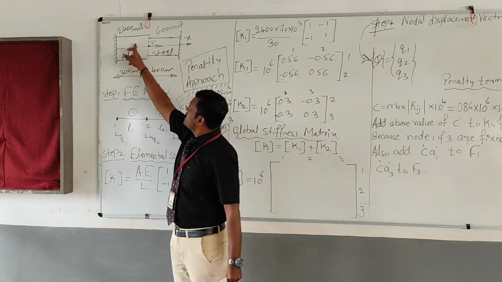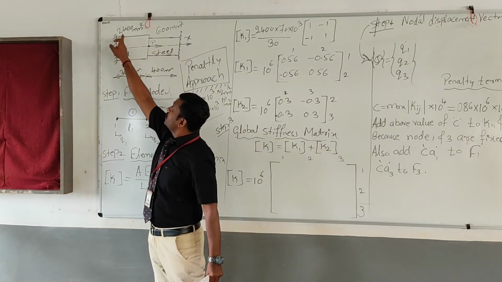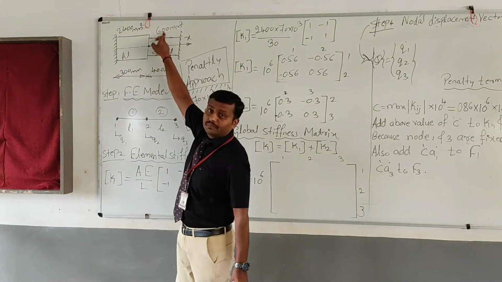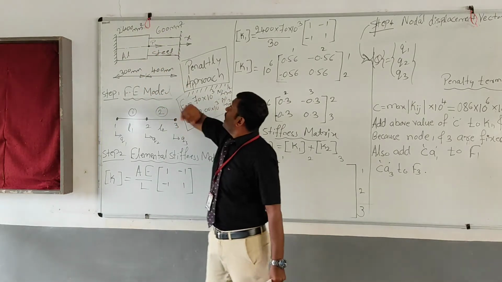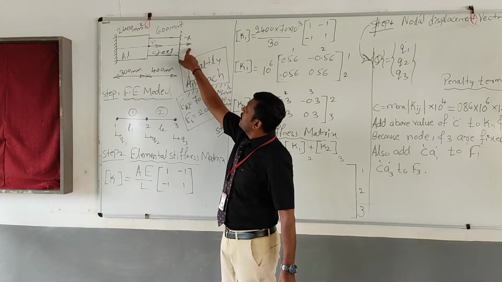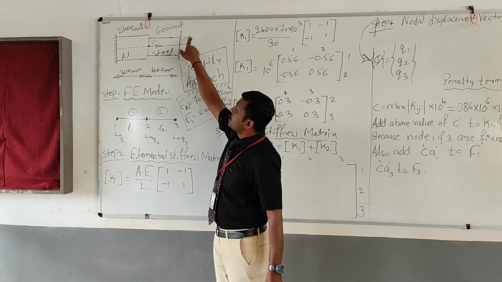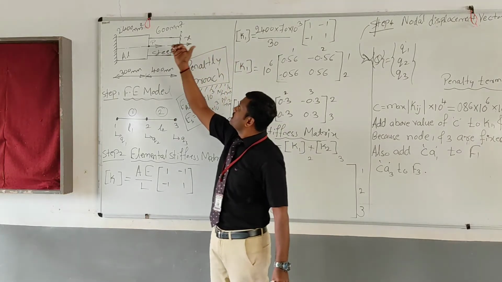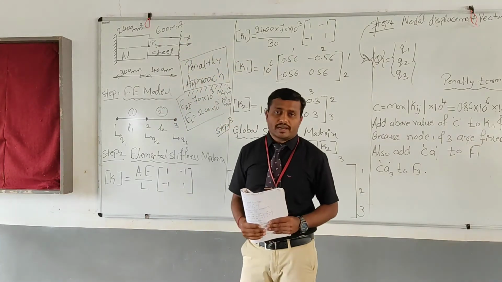The cross-section area is also given: for aluminum 2400 mm square, for steel 600 mm square. He has shown an arrow mark, x, towards the right side. We have to consider this direction as the positive direction.